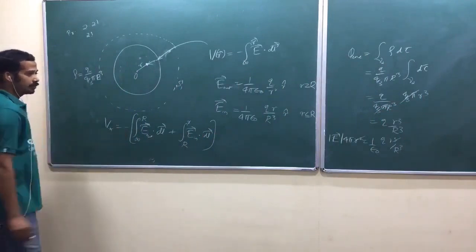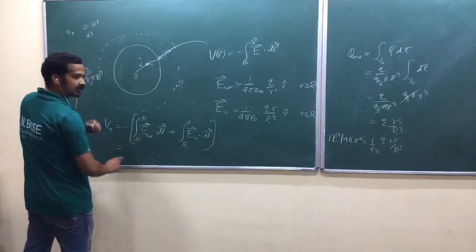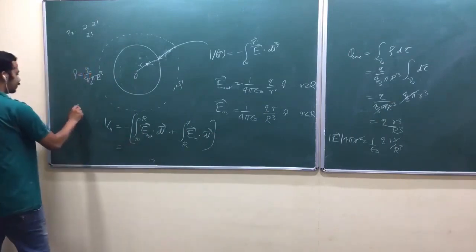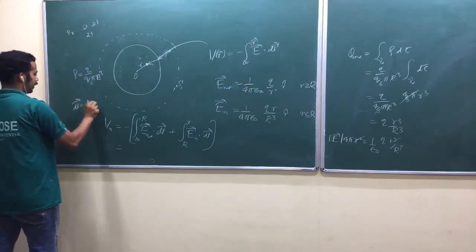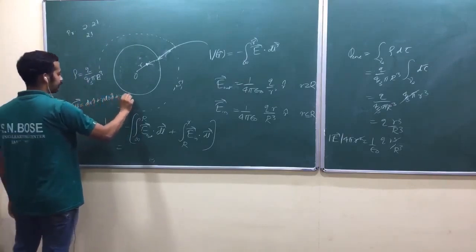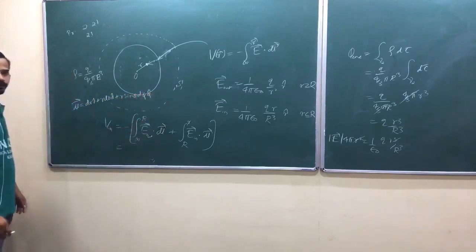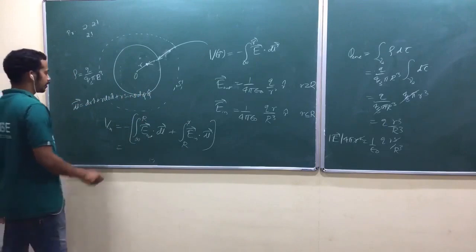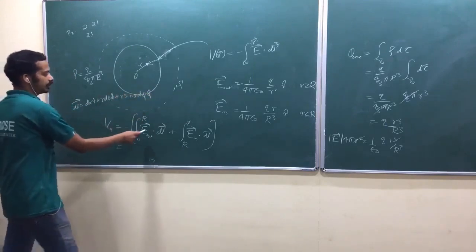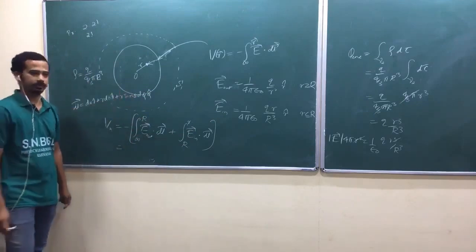Now, can you do this one quickly? I think this one I can directly write. What is dl vector? dr r cap plus r d theta theta cap plus r sin theta d phi phi cap. Is that okay? That's why you don't have to worry about this one. Why? Electric field is along r cap, dot r cap will be non-zero, other part will not come into play. Okay?